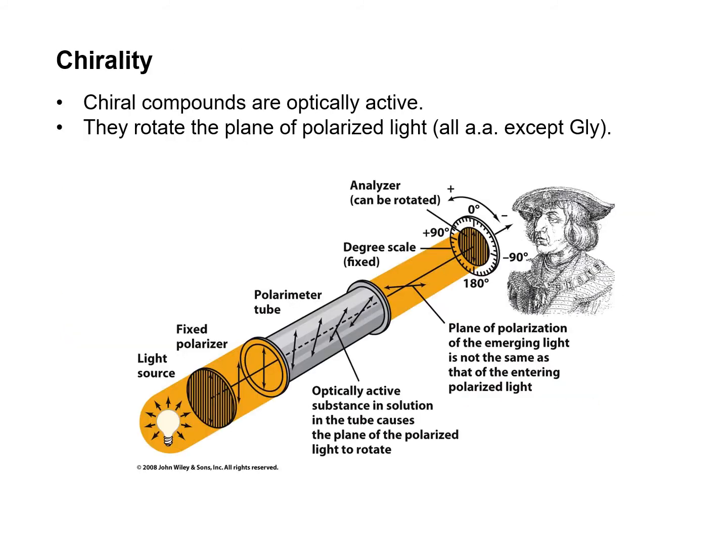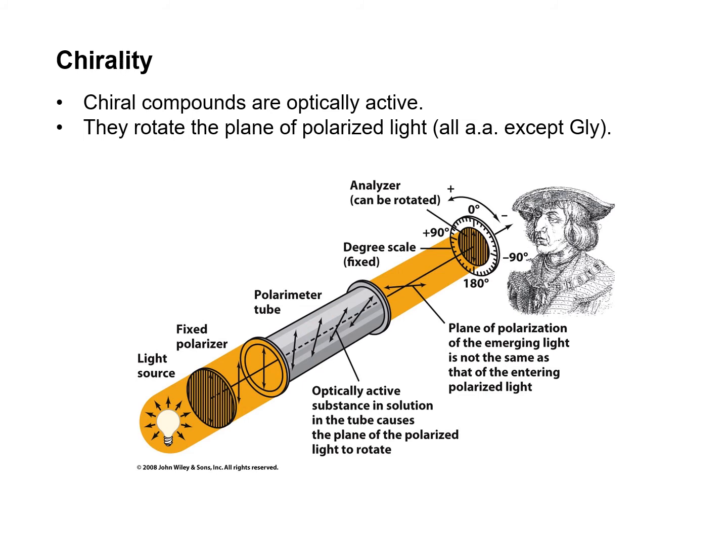Like we discussed earlier in this lecture, all amino acids have handedness, meaning that they can have mirror images which are not superimposable, and that property is called chirality or handedness. And chiral compounds are optically active, interestingly, which means that when a light source goes through a fixed polarizer, the polarized light will go through that particular compound within the polarimeter tube.